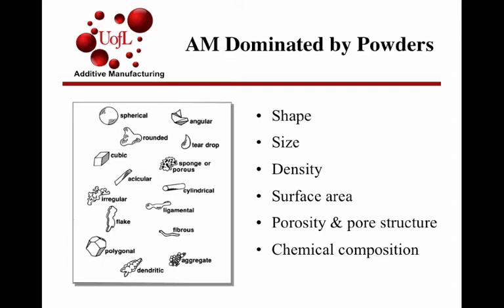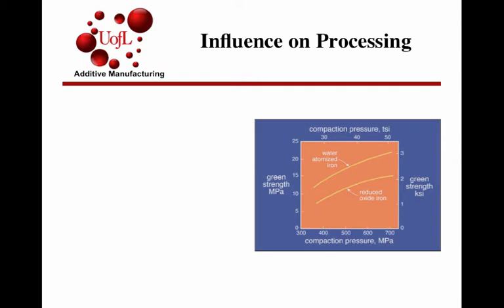Certain constituents can evaporate, certain things can react. In addition, depending upon the composition and time temperature phenomena, phase change, crystal structure changes, and consequently properties of the components that are fabricated by 3D printing using some of these powders are all going to change. So of interest is what is the influence of powder attributes on processing.